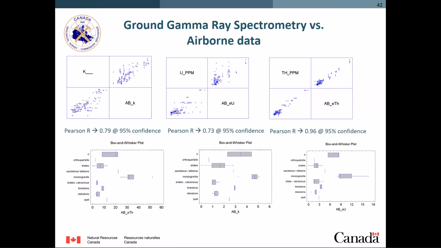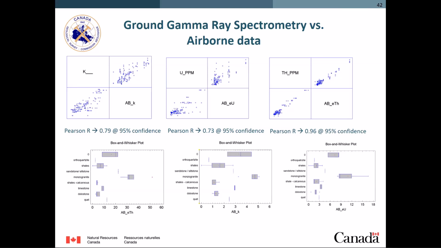So you can see that here, the ground data at field points, the airborne data where we just marked the same field points, 79% correlation for potassium, uranium 73, and thorium, highly correlated because it's responding to accessory minerals, is 96.